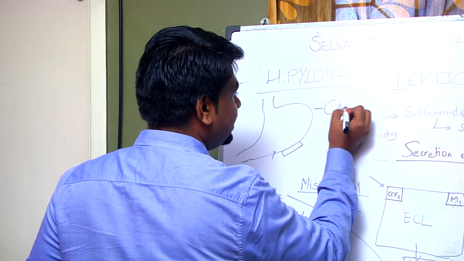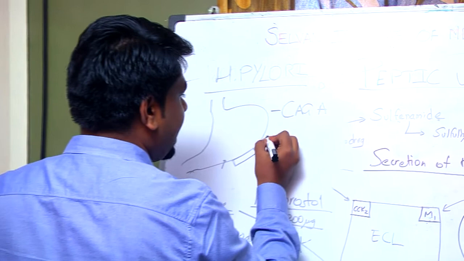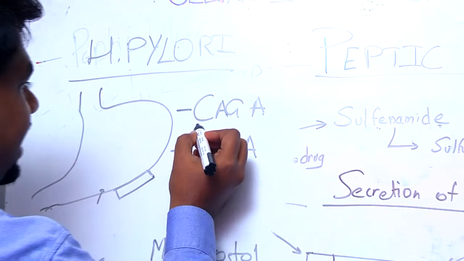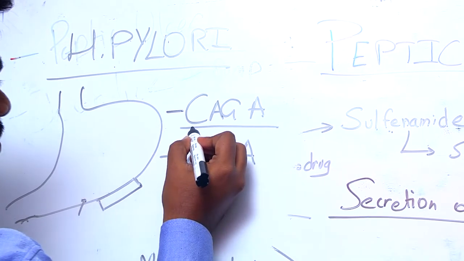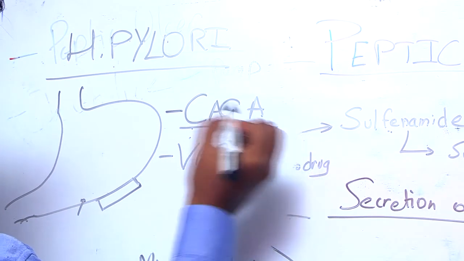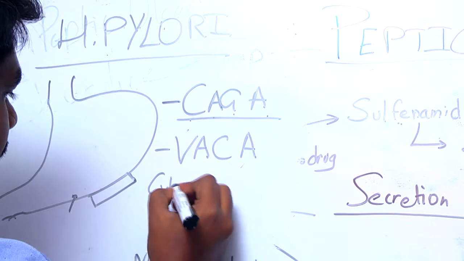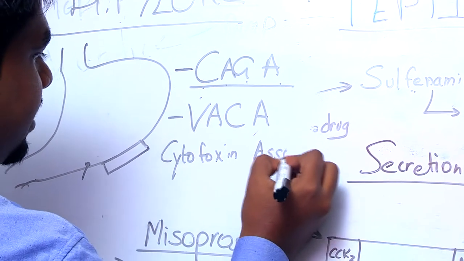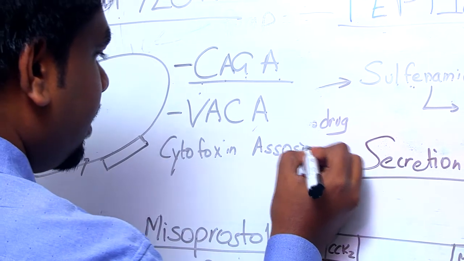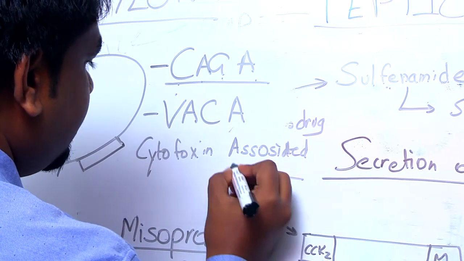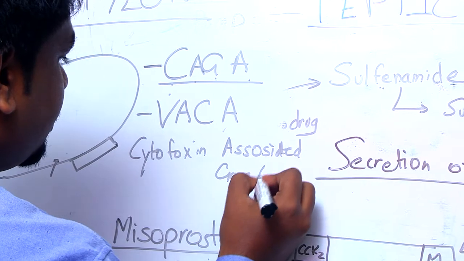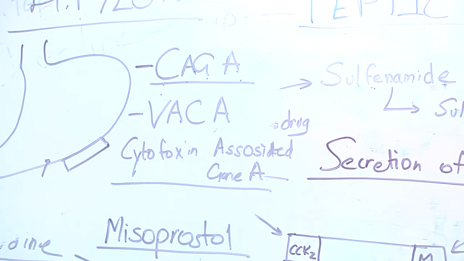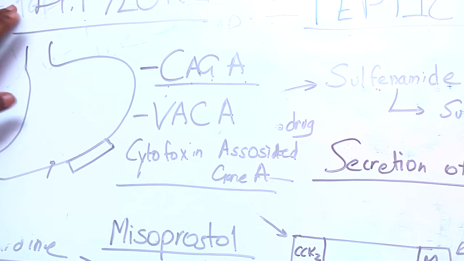called CagA and VacA. CagA is called cytotoxin associated gene A. So this is the most important toxin and the most studied toxin of the Helicobacter pylori.